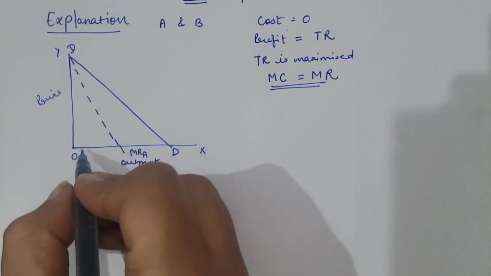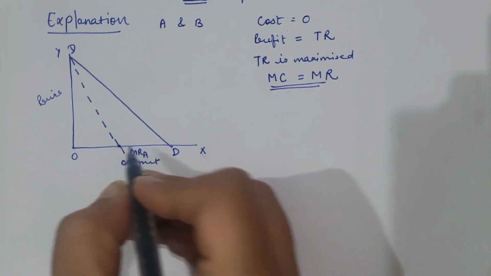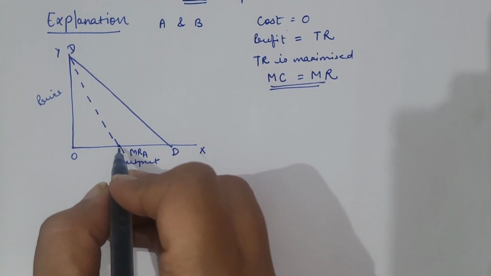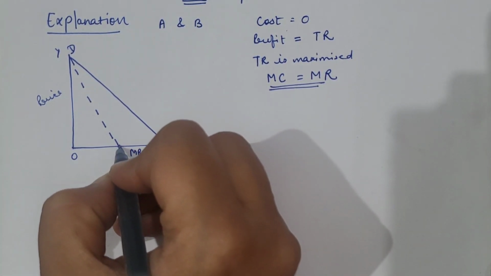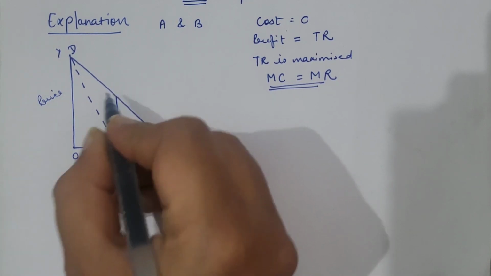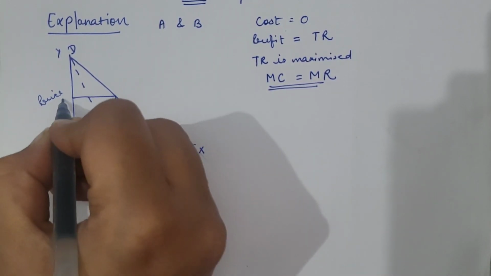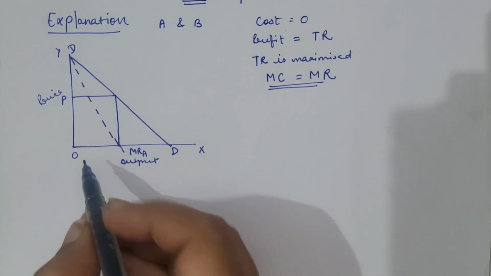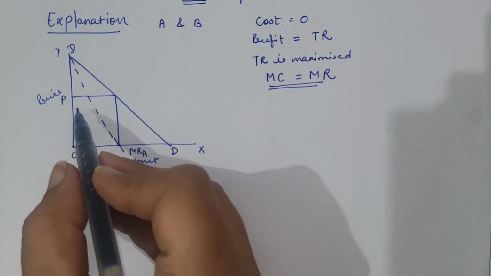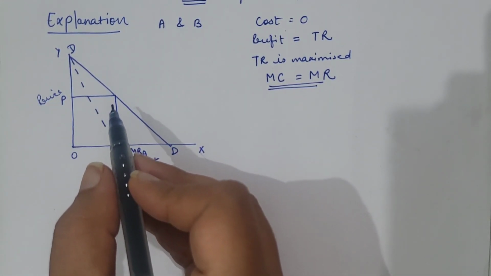So, marginal cost is 0, which means on x-axis there would be point where marginal cost and marginal revenue equates. After extending this line, we'll come to know that this firm would sell its product at price P.